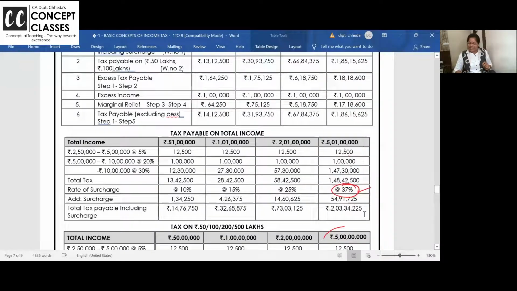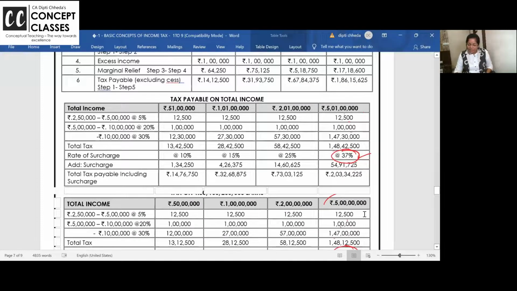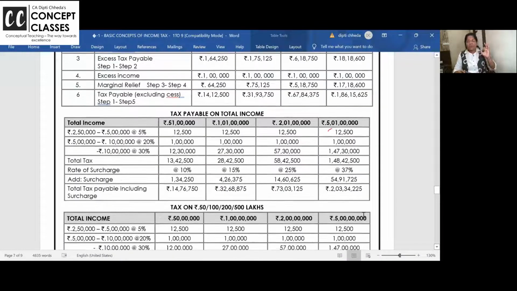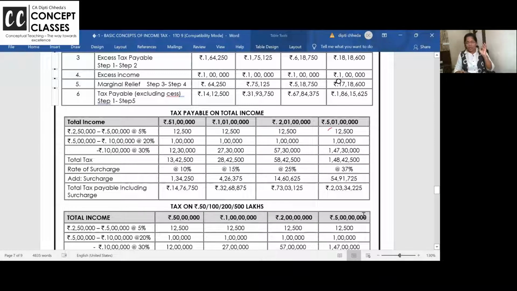Look at the screen. This is an example for all of you. Suppose your income is 1 crore 1 lakh. Yeah, there was some trouble with the screen. I'll share it again. Look at this. Suppose your income is 1 crore 1 lakh.